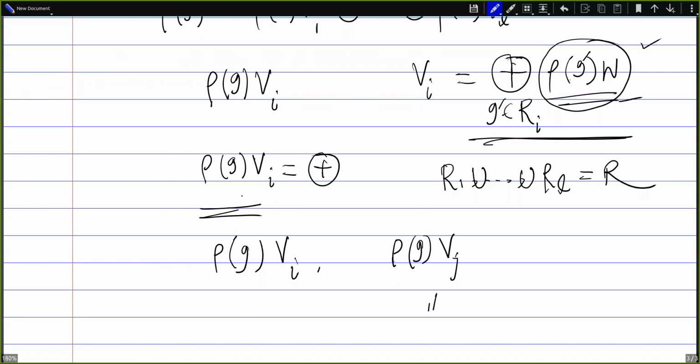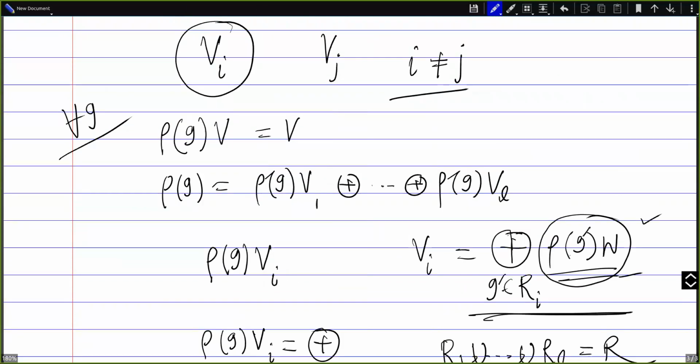no irreducible component here is going to be isomorphic to any irreducible component here. Because if some irreducible component of rho g Vi is isomorphic as a subrepresentation of H to some irreducible component of rho g Vj, then applying rho g inverse on both of them, we will get a component of Vi being isomorphic to a component of Vj, which is not possible.